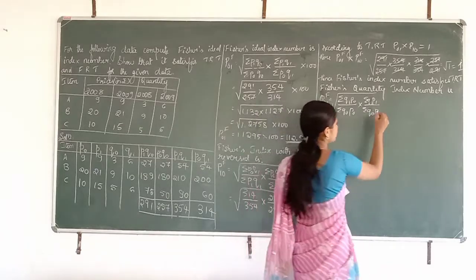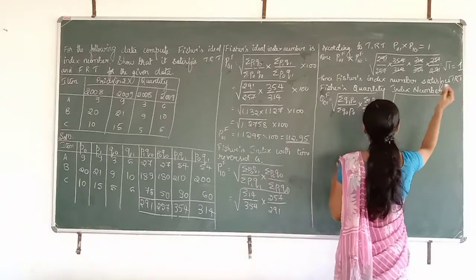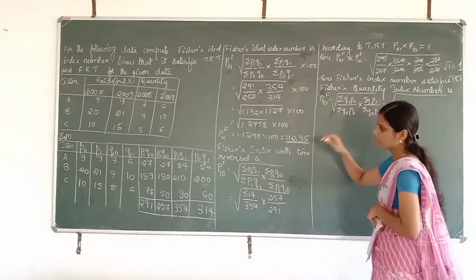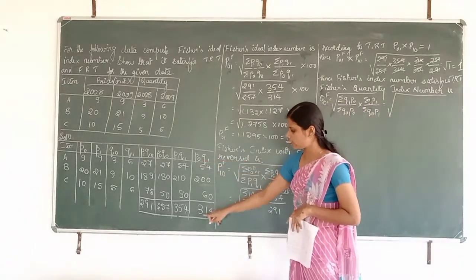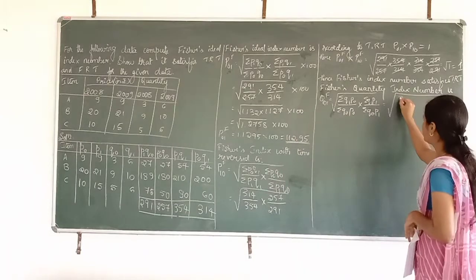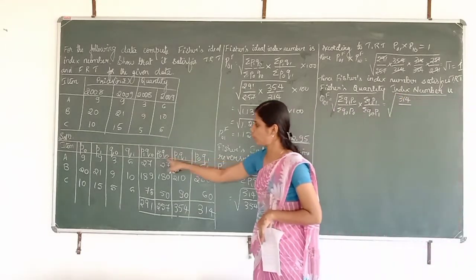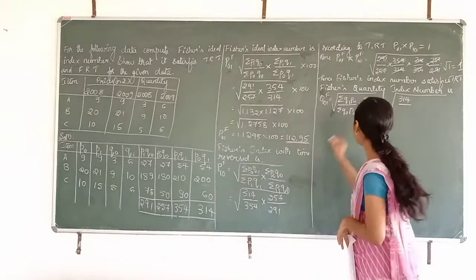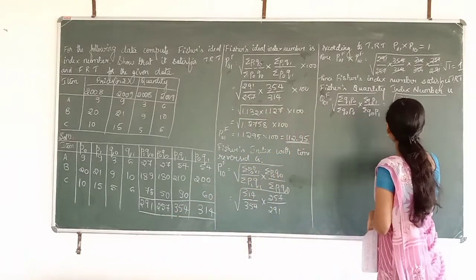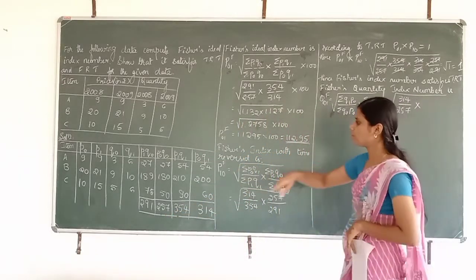Now we are going to substitute the values, which is equal to square root of summation Q1 P0. Q1 P0 value is 340 divided by summation Q0 P0. Q0 P0 value is 257 into summation Q1 P1.